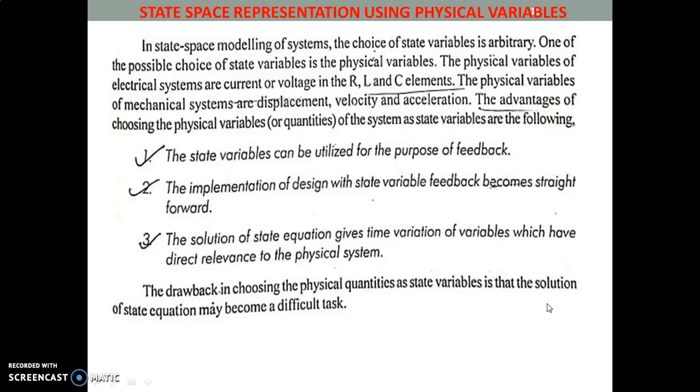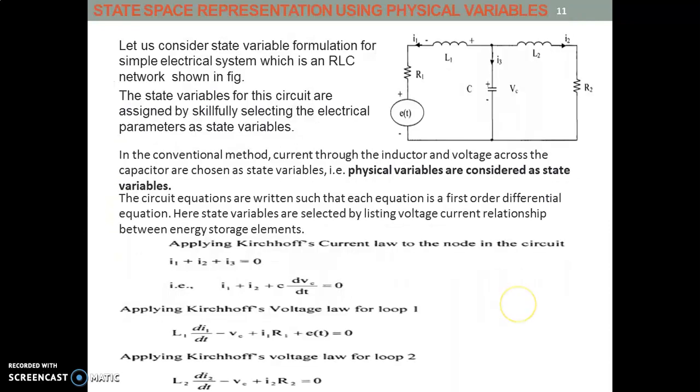Now, we'll take one example, to see how you should select the physical variables as state variables in electrical systems. Let us consider a state variable formulation for a simple electrical system, which is the RLC network shown in the figure.